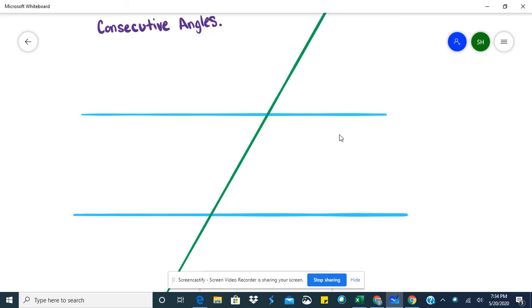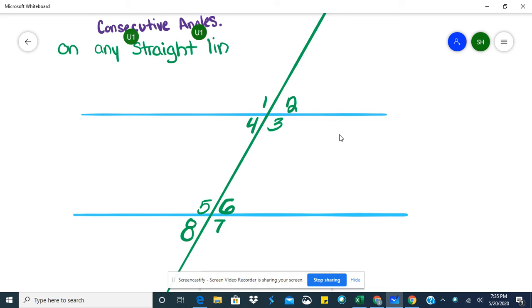Yep, consecutive angles equal 180 degrees when added together. So, and I'm going to label my angles. Okay, so you can have consecutive angles on any straight line. That's very important to know.